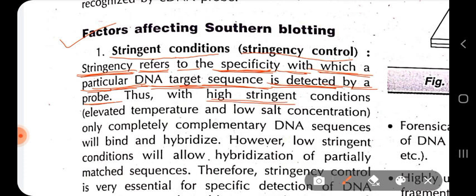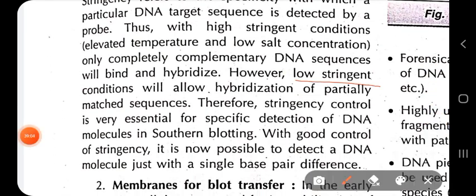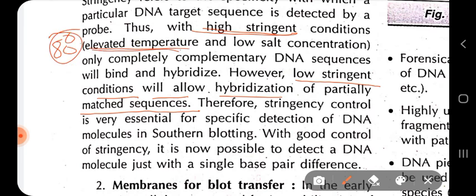So with high stringent conditions, at elevated temperature and low salt concentration, only a completely complementary DNA sequence will bind and hybridize. However, low stringent conditions will allow hybridization of partially matched sequences. So if you have high stringent conditions, like an elevated temperature of 80 degrees Celsius and low salt concentration, only the completely complementary DNA sequence will hybridize and bind with the probe.